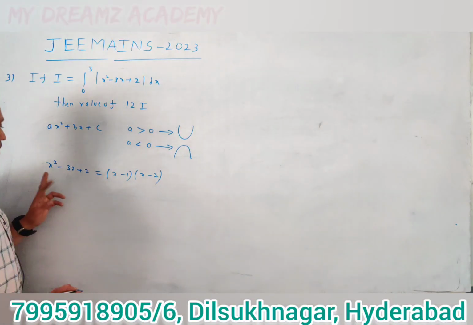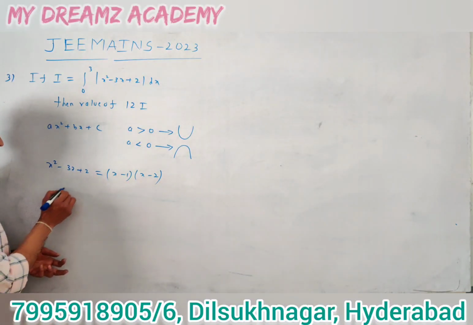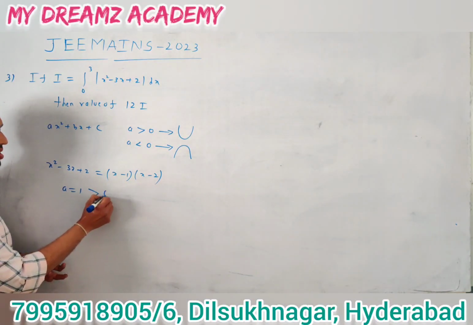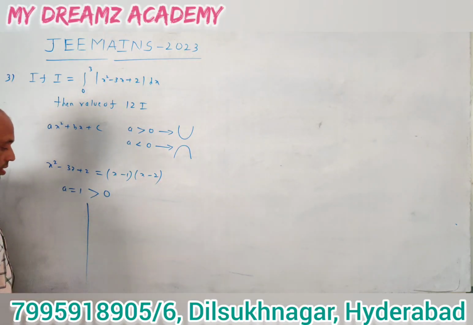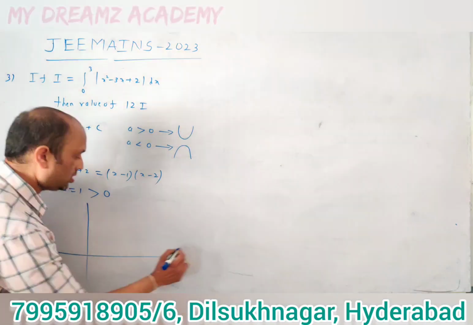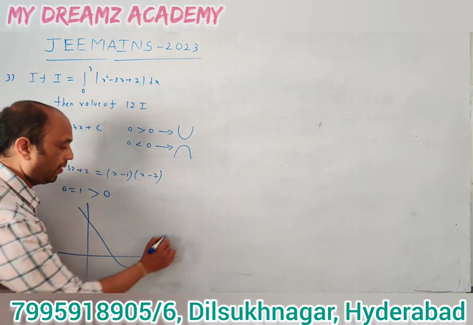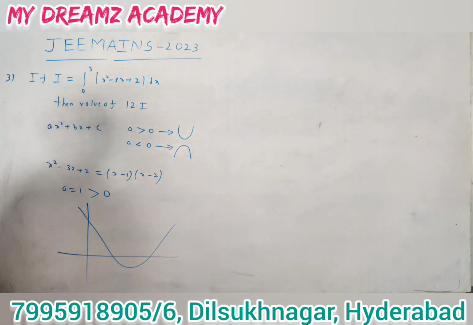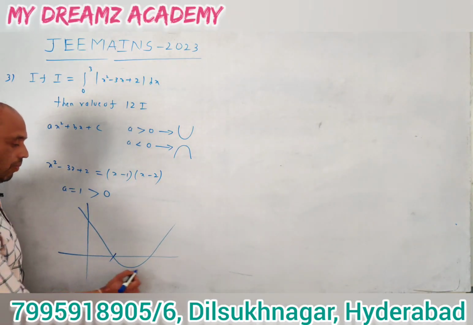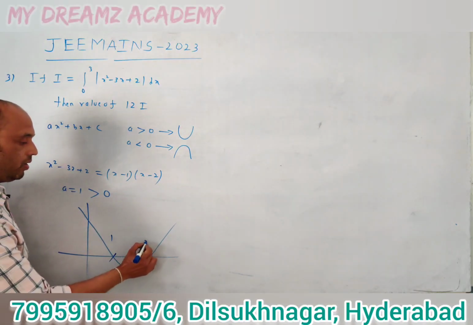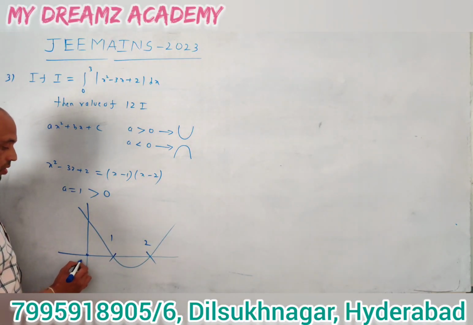The leading coefficient is 1, which is greater than 0, so our required curve is an upward parabola like this. And 1 and 2 are the roots of this quadratic equation.